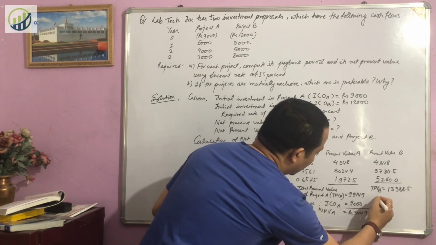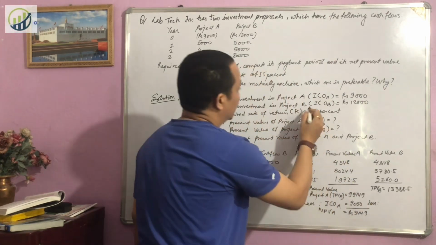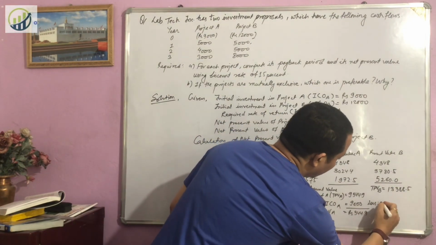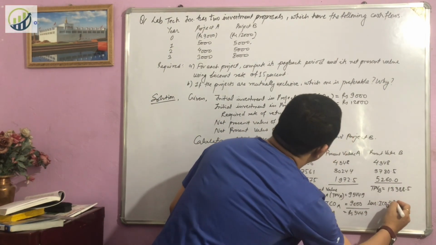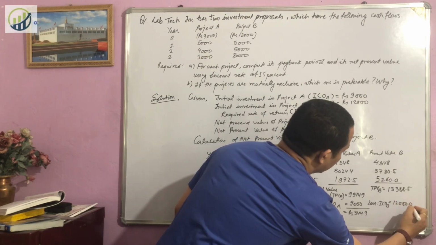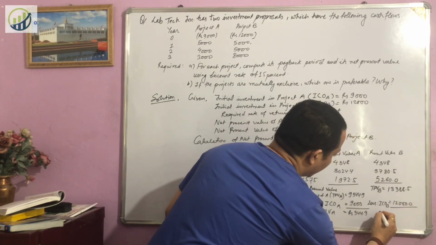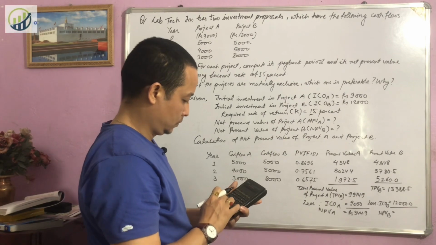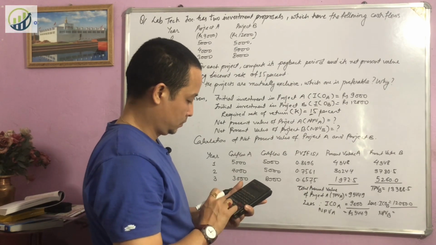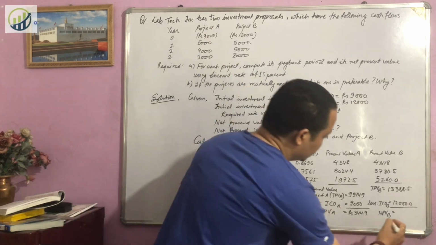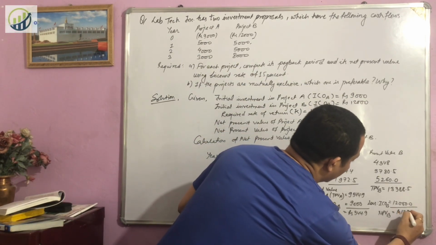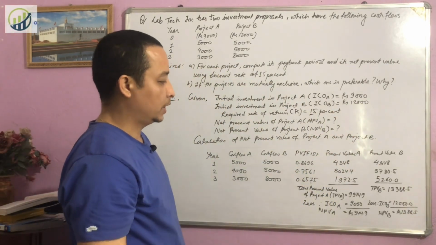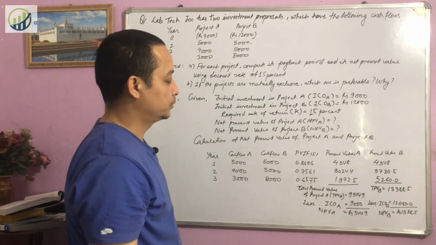And here also less the initial cash outlay B, that is 12,000. So here you have net present value B equal to rupees 1,388.5. So this is your net present value for project B.